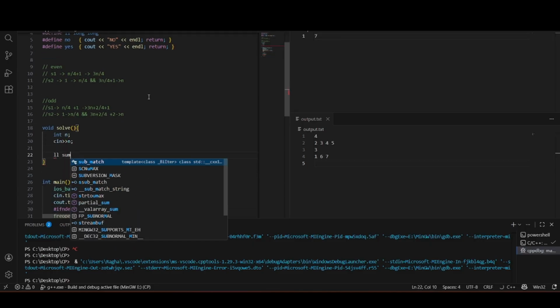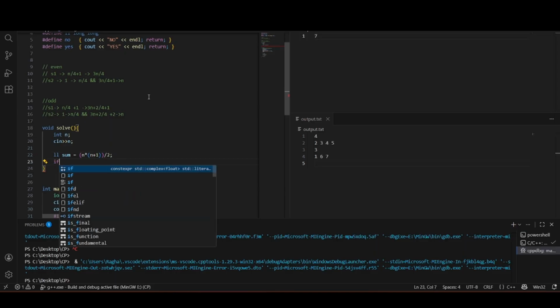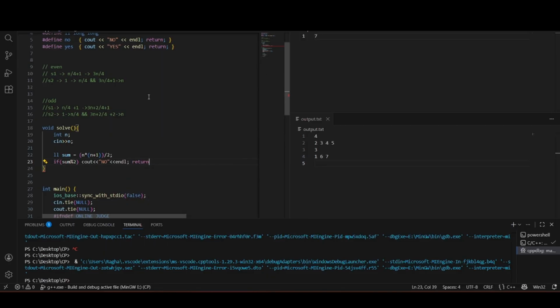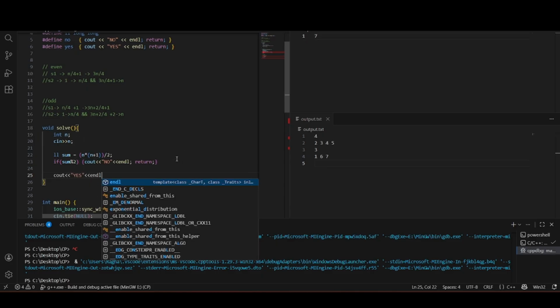Now first let's calculate the sum, which is n into n plus 1 by 2. And if the sum is odd, we'll simply say no and return from the function. Otherwise, the split is possible, so we will print yes.